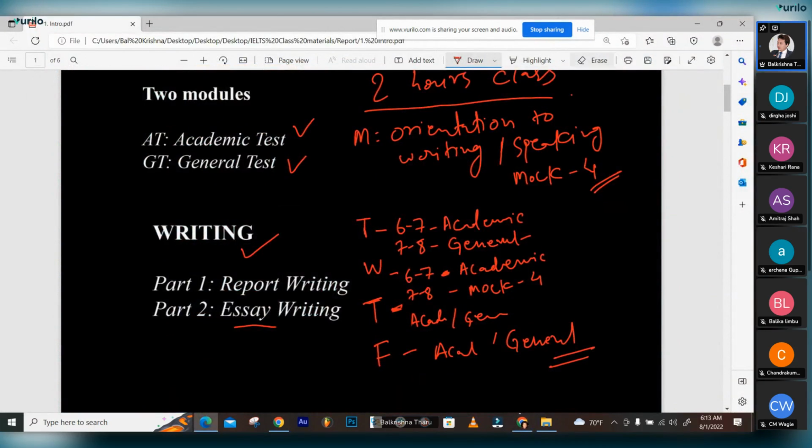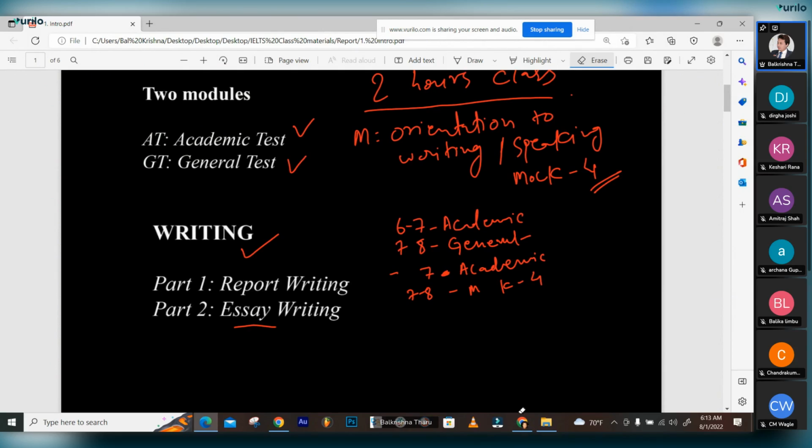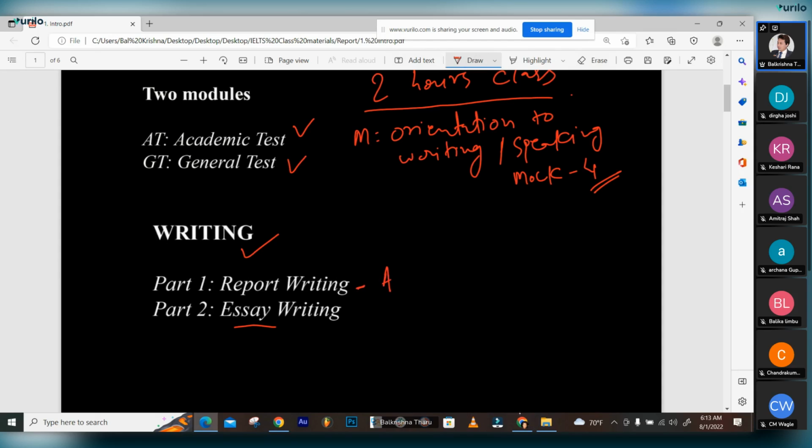Okay, so let's talk about this. All right. So report writing for the academic students and letter writing for the general students.